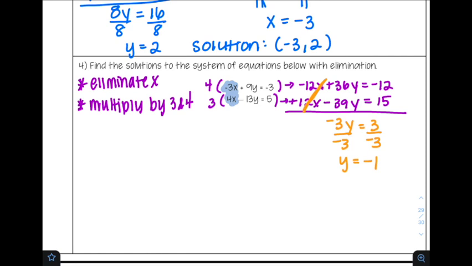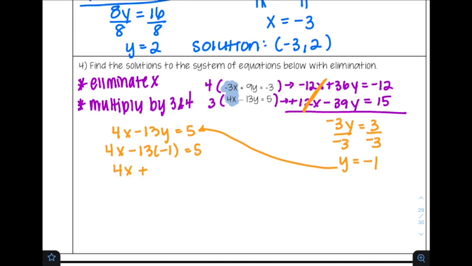And then using that and substituting into an equation, I'm just going to use 4x minus 13y equals 5. I'm going to substitute it into there to get my x value. So negative 1 is going to be substituted in. I have 4x plus 13 equals 5. Subtract 13 from both sides. 4x equals negative 12.